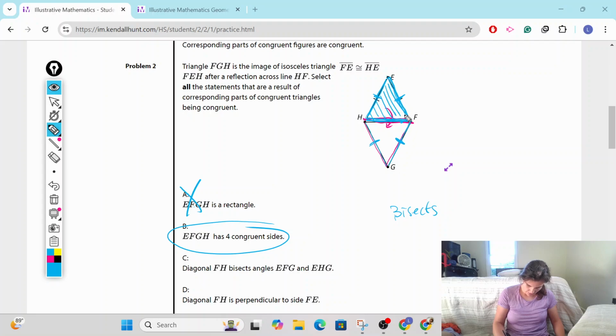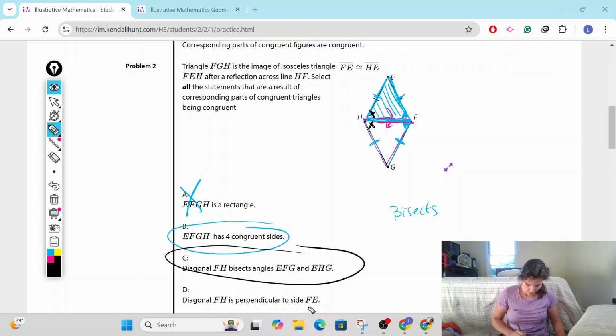Well, if EFG is right here, this side is going to be the same as this side because, again, it's a reflection and they're corresponding. And for EHG, this side is going to be the same as this side because it's a reflection. So yeah, it does bisect.